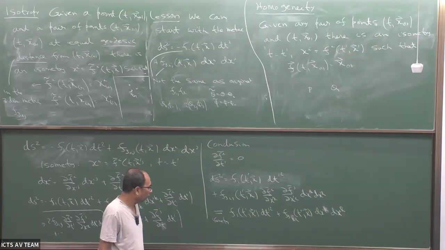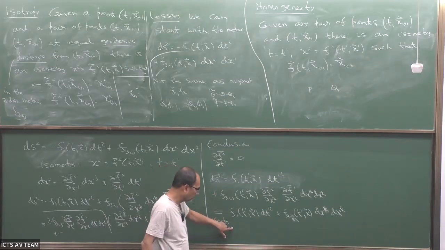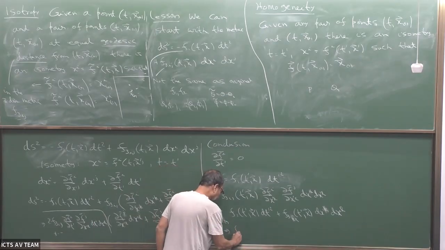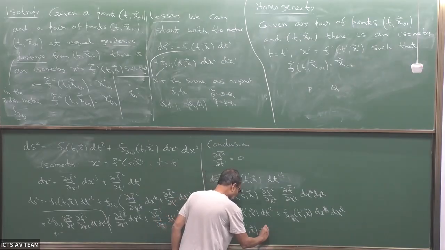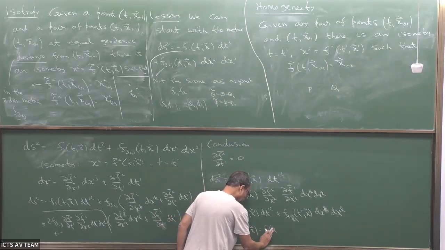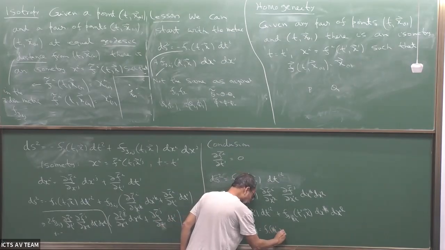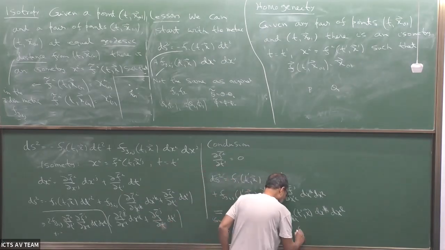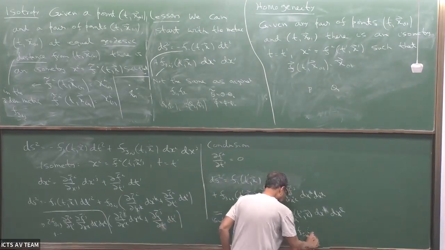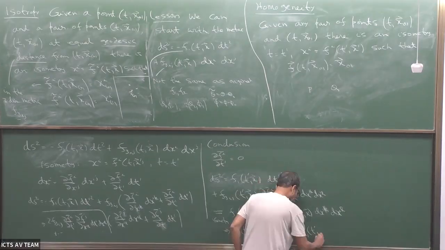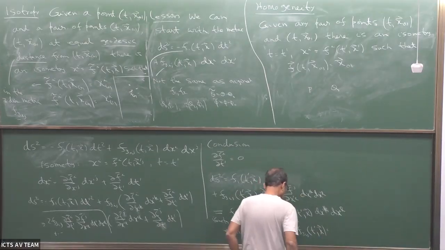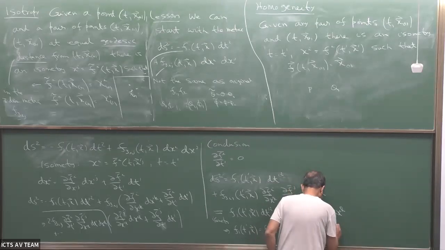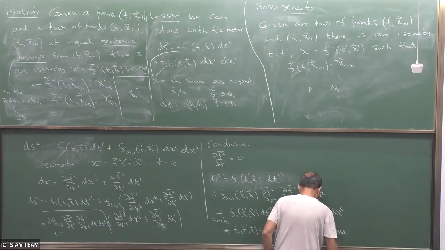Okay. So now compare. So this tells us that f1 of t prime, x is f1 of t prime, x prime. And f3 ij of t prime, x is F3 KL.